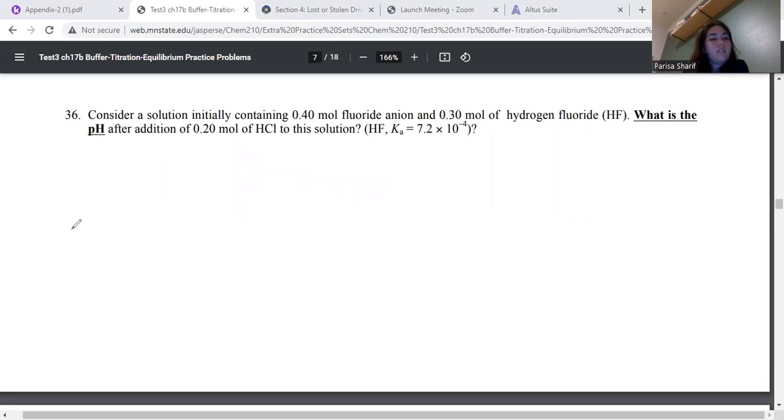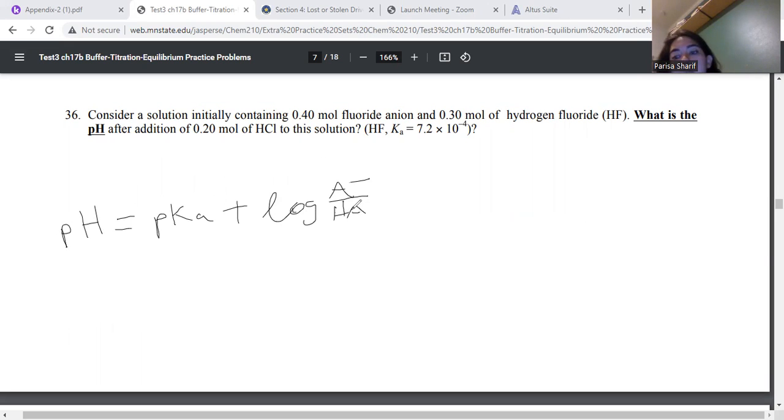you have to use the Henderson-Hasselbalch equation, which basically says pH is equal to pKa plus the log of A minus over HA. Let me just confirm that real quick. Henderson-Hasselbalch. Yeah, so that's the right equation.